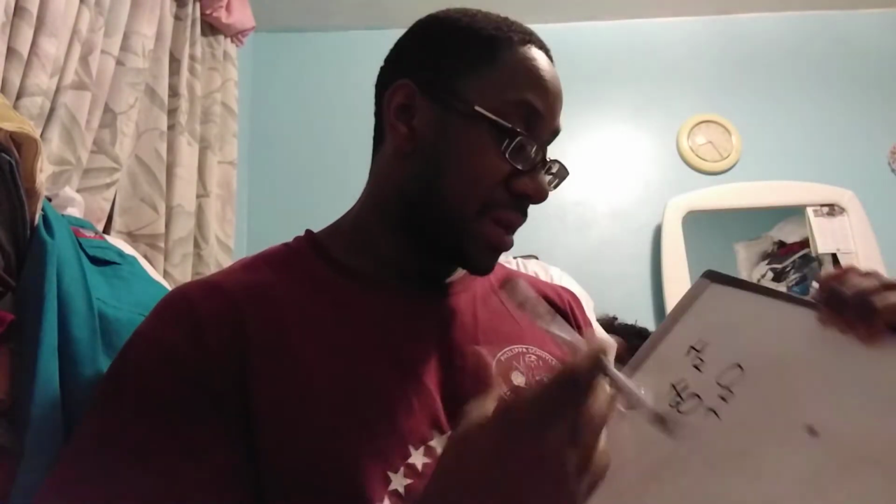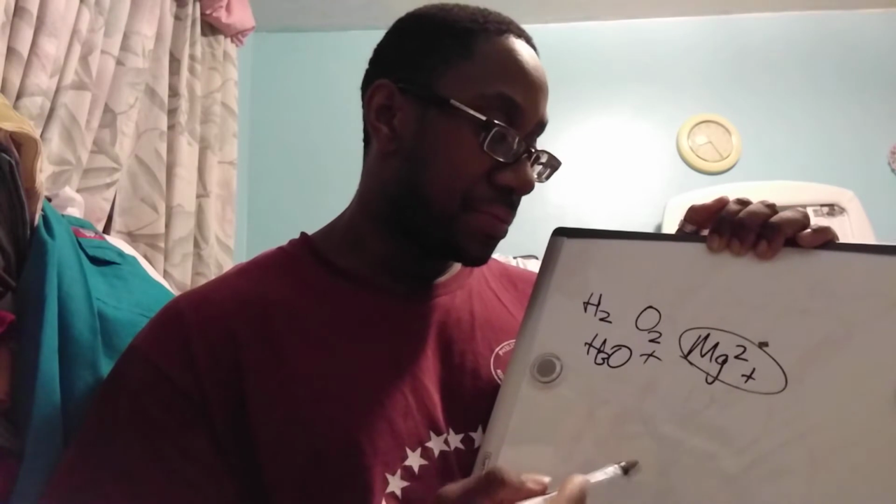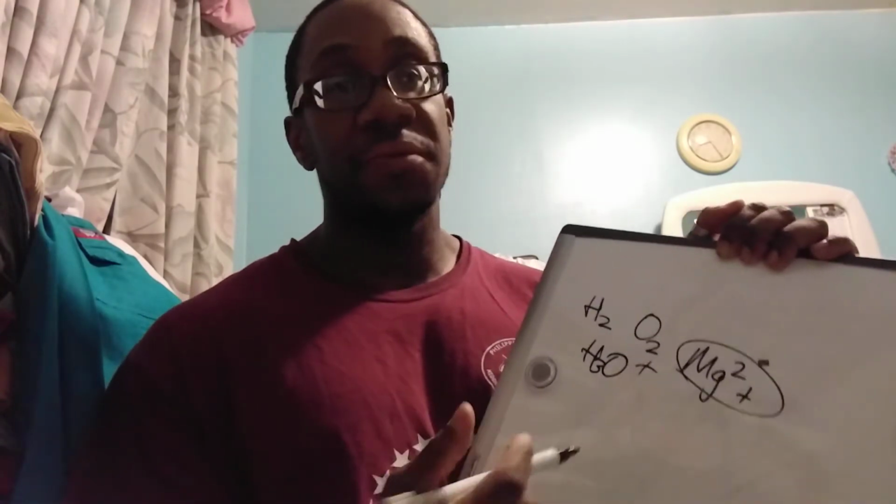You'll have magnesium as an ion instead of as just a molecule, because you get a lot of magnesium from food. So you can get molecules and their ions from food sources as well.